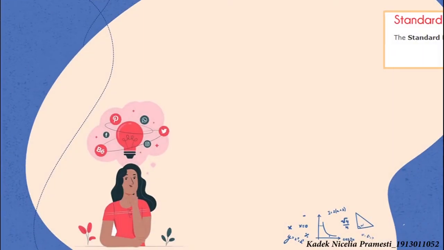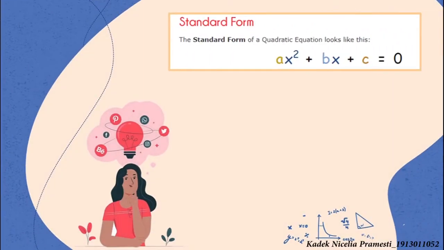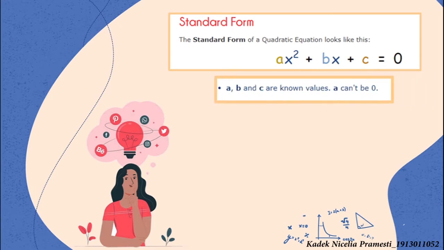Okay, next is standard form. The standard form of a quadratic equation looks like this: ax squared plus bx plus c equals 0, where a, b, and c are known values, and a can't be 0.